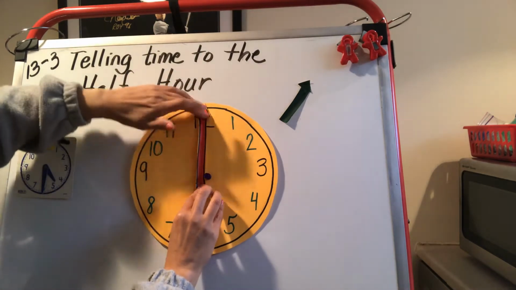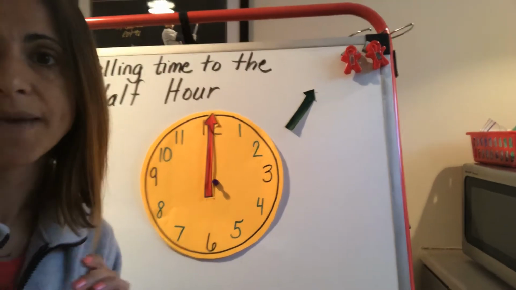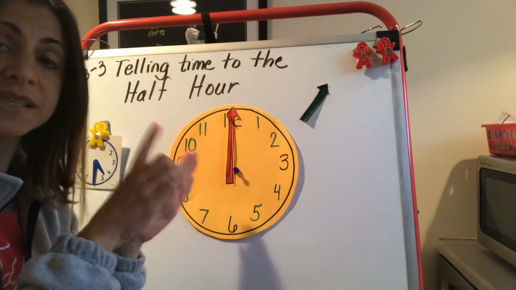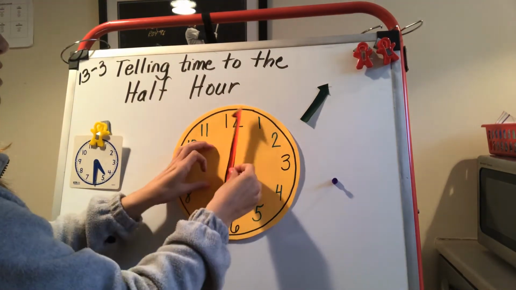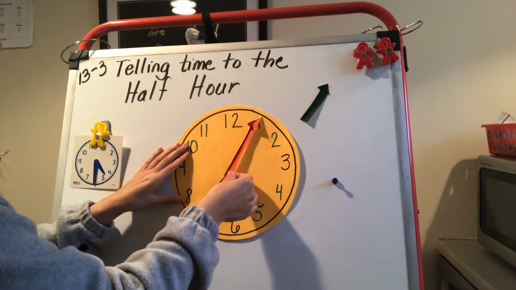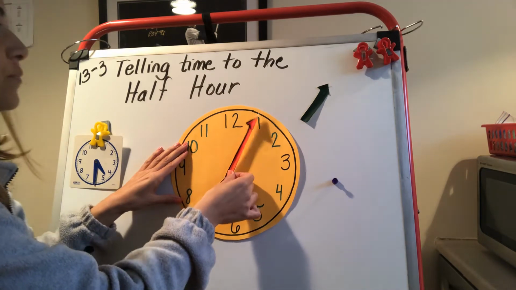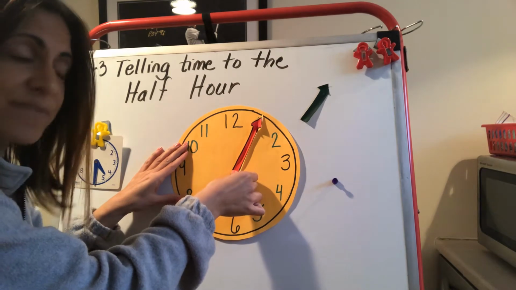Wow. This minute hand does a lot of moving as time goes by. It doesn't just stay in that one spot. This minute hand moves every time a minute happens. So when we go around the entire clock, it's actually 60 minutes that goes by. When it gets to the 1, 5 minutes went by.